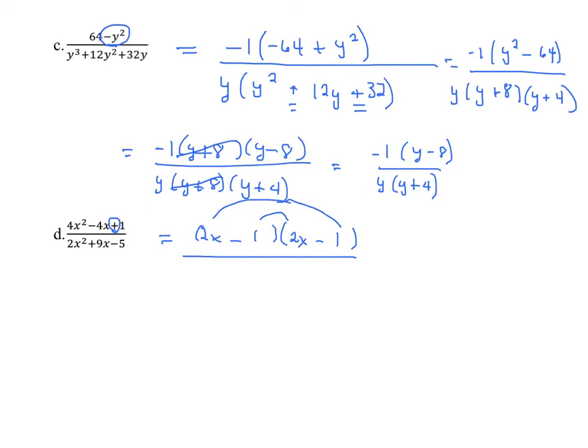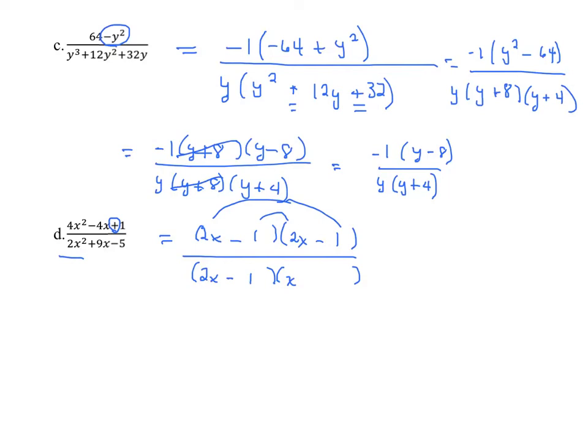So I'm all good. So now the cool thing is I'm going to factor this denominator, and let's take a look. How am I going to break down 2x squared? Using the guess and check method, I get 2x, 2x. But chances are that the 2x minus 1 is going to appear in the denominator.